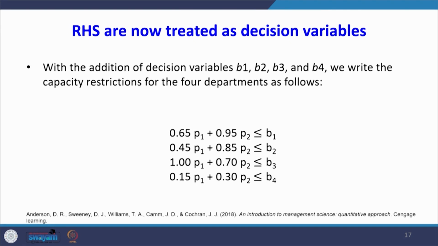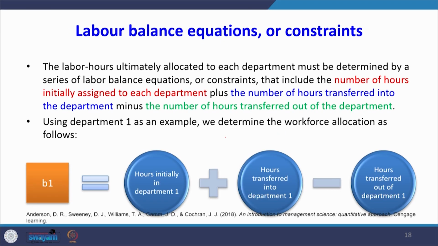How? With the addition of decision variables B1, B2, B3, B4, we write the capacity restriction for the 4 departments as follows: B1, B2, B3, B4 represent the maximum hours we are going to allocate. So, here we are going to use the labor balance equations or constraints.